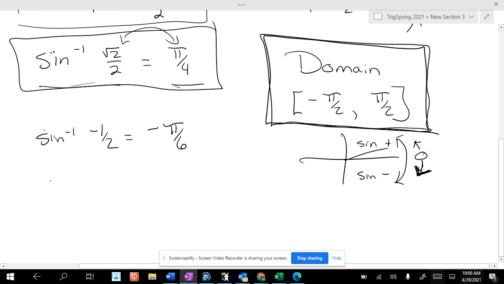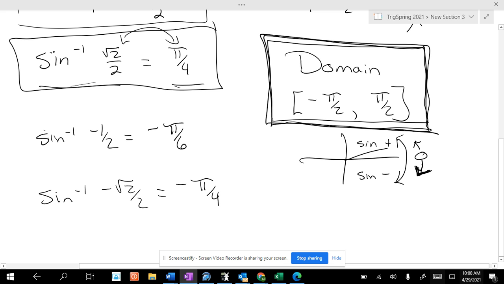So what is the inverse sine of negative square root 2 over 2 in terms of radians? Negative pi over 4. So you only want to use these two quadrants with sine, and you have to go in between these numbers.